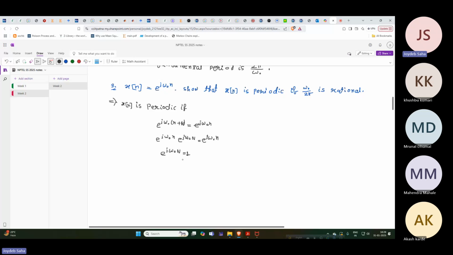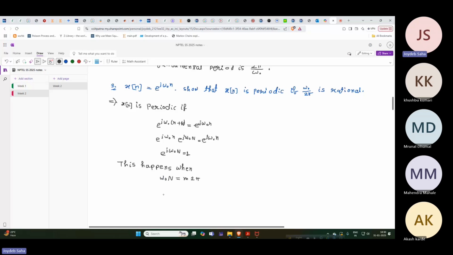And when is it possible? This happens when omega 0 capital N is equal to m into 2 pi, where m is a positive integer again, right?